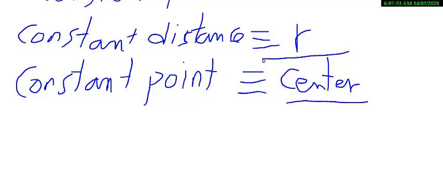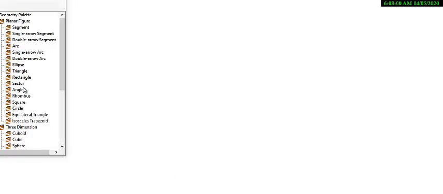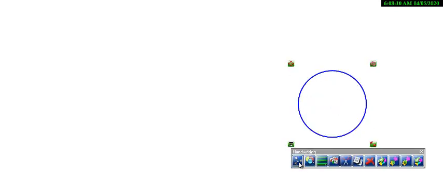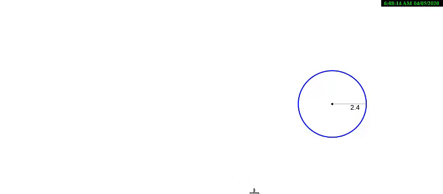So right now we can draw the circle with the new figure. I'm gonna draw a circle here with some notation. I got this circle in front of your eyes now. It has a center, which we name C, and it has a radius, the constant distance, which is 2.4 here.